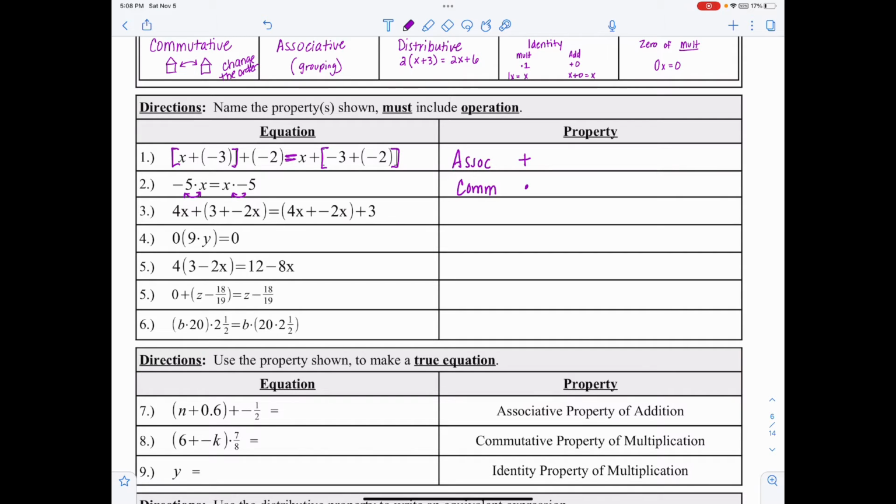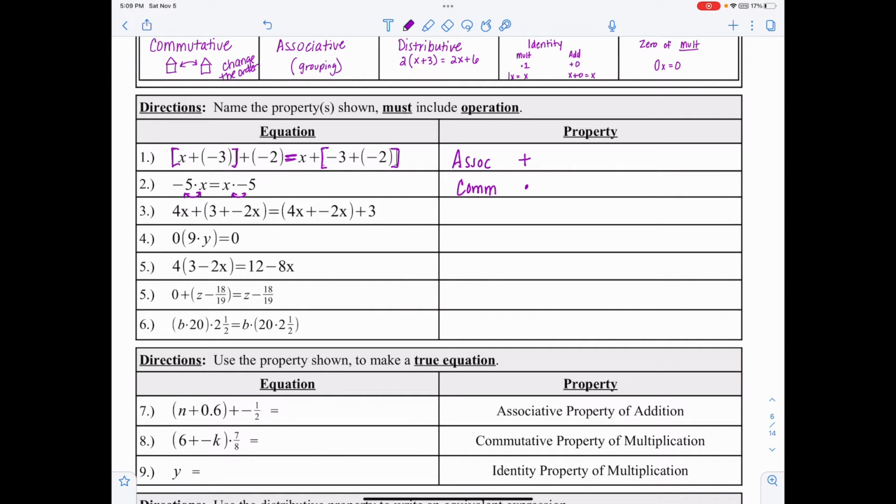All right, the next one, it looks like parentheses are moving around. But actually, we have the parentheses moving around, and it's all addition. But we also have, instead of 4x plus 3, 4x plus negative 2x.